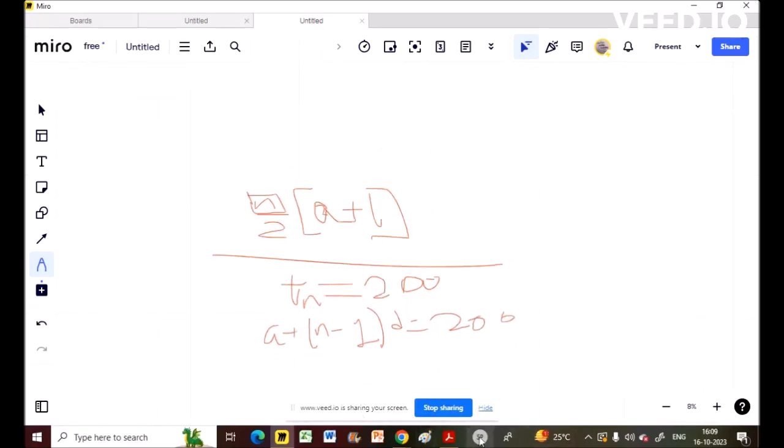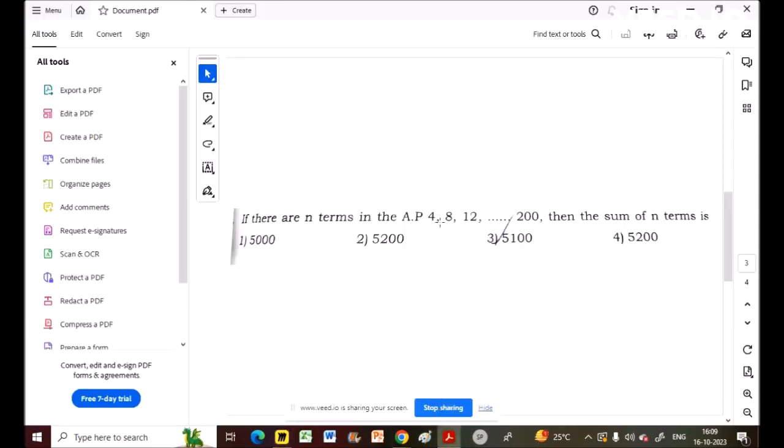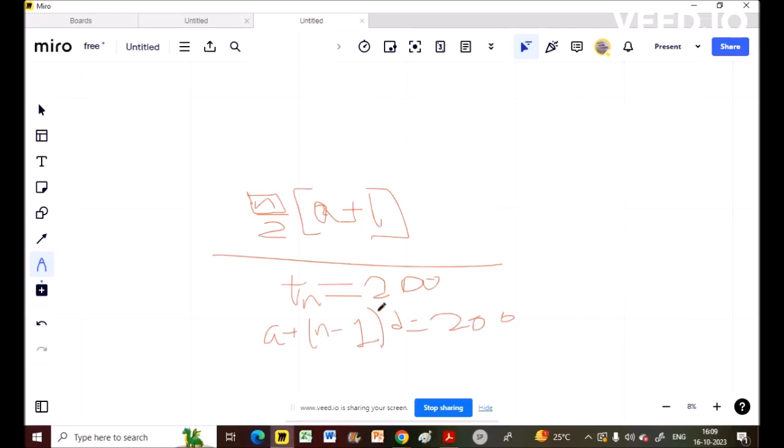We know the a value here, which is 4, and d is equal to 4 also. So 4 plus n minus 1 into 4 is equal to 200. So n minus 1 into 4 is equal to 196.